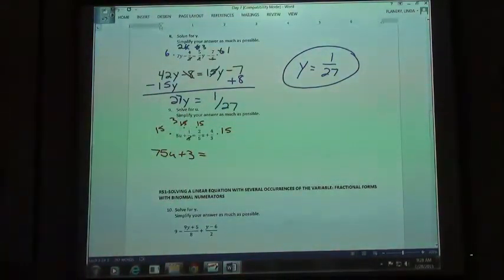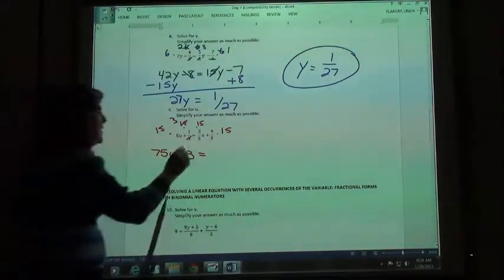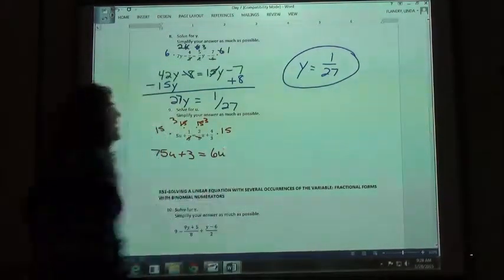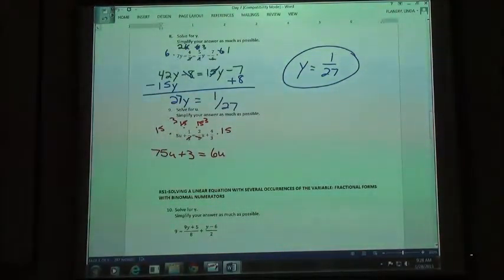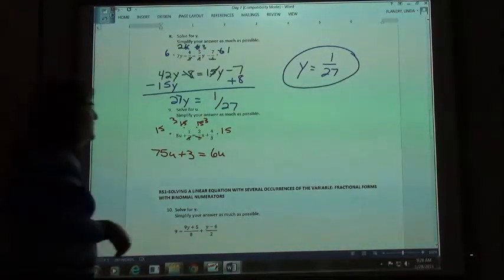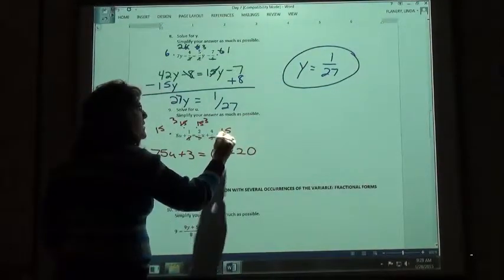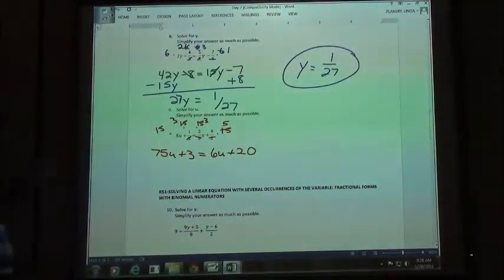Equals 15 times my 2/5 u. 6u. 5 goes into 15, 3 times 2u is 6u. And 4/3 times 15 plus 20. 3 goes in there 5 times, and 5 times 4 is 20.